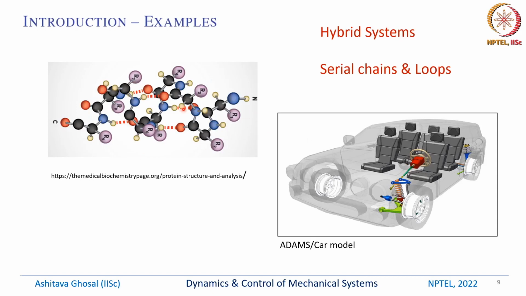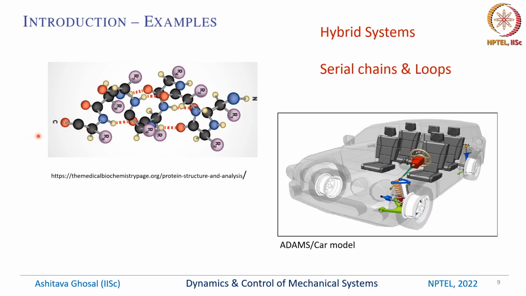As I said, the last kind of systems are hybrid systems. A very well-known example is that of a protein. A protein consists of various amino acids which in turn have some carbon and nitrogen and hydrogen and various other elements, and these elements are connected by bonds. So in the case of a protein, you don't have joints, but there are these bonds.